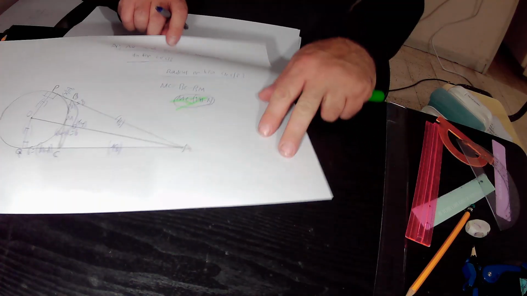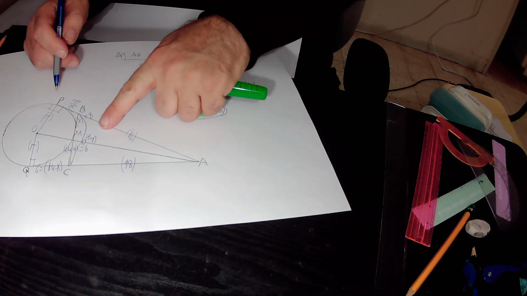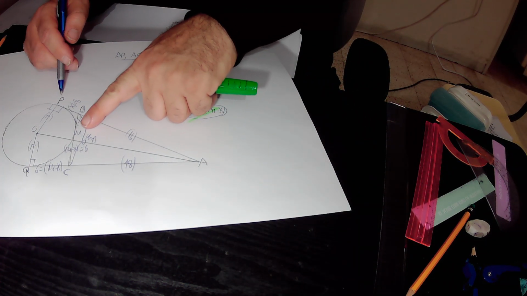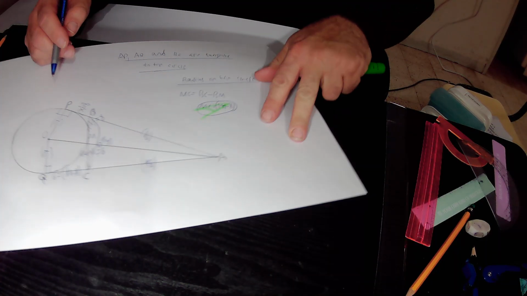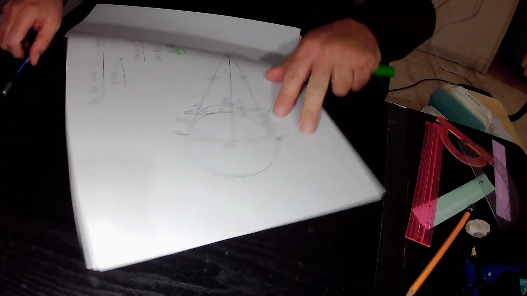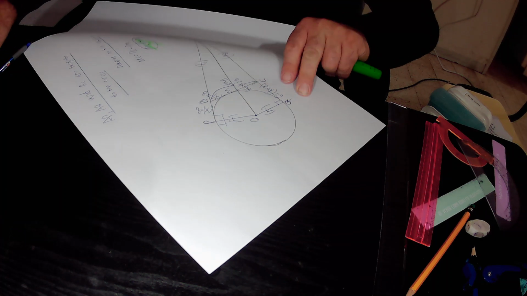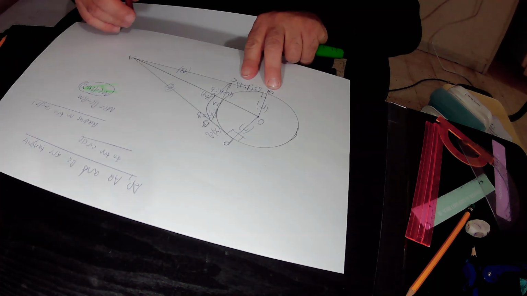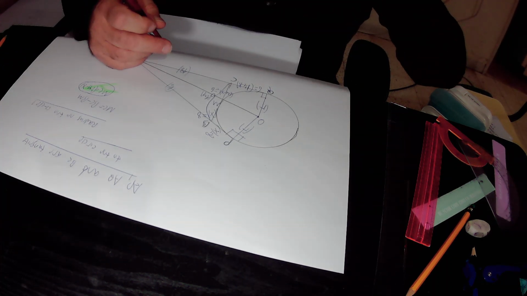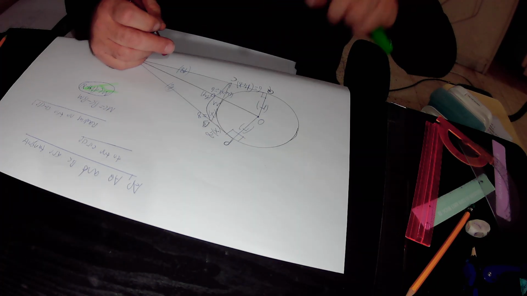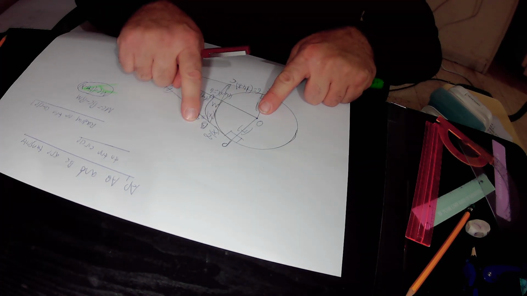In the next step, we join points P and M together by a side line. Actually, we will join points O and B together by a side line.